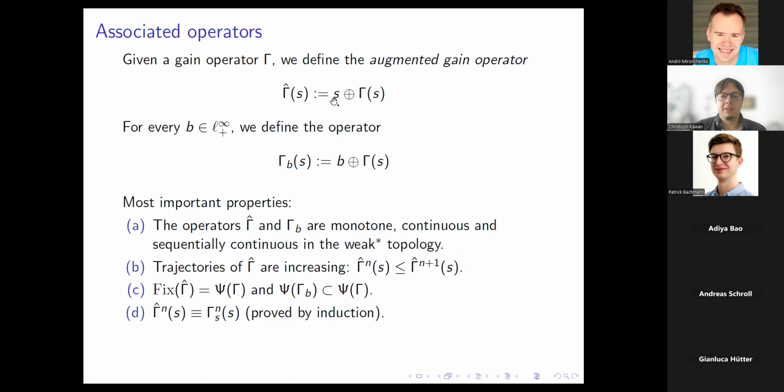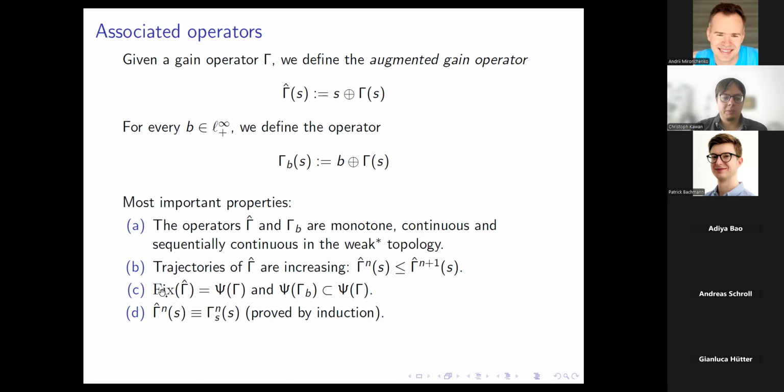This is easy to see because we are always taking here the maximum component-wise with the vector S. We will never get a vector which will be in any component less than S if we apply gamma hat, because we're taking the maximum with S. And then using monotonicity, it follows that actually the whole trajectory is component-wise increasing, which is what I wrote here.